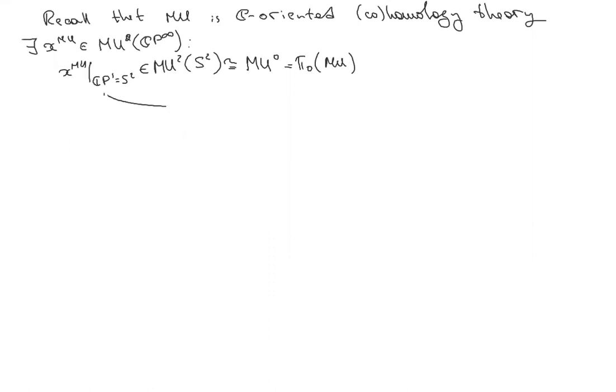Under this isomorphism, it should be 1. Therefore, there exists a formal group law of mu. It's a formal power series over mu in x and y.